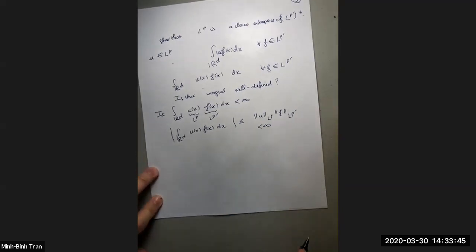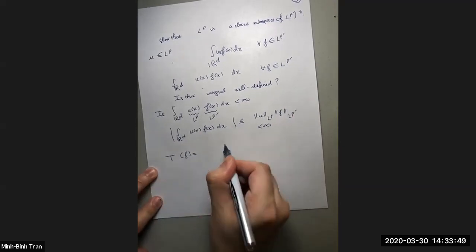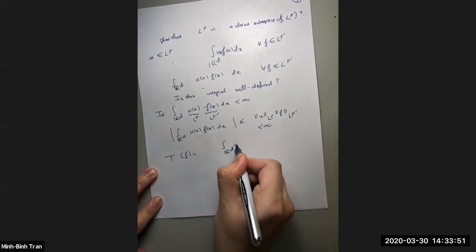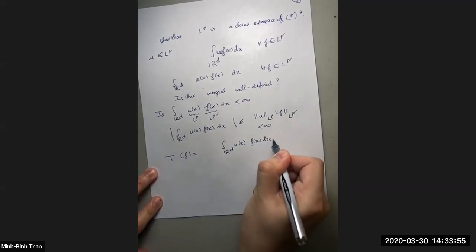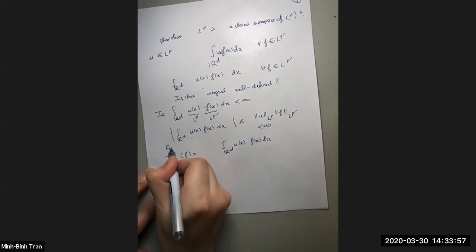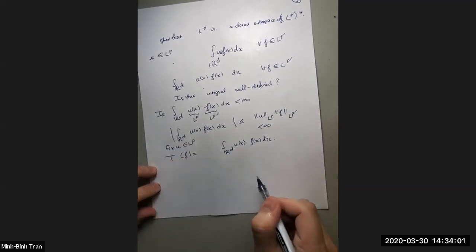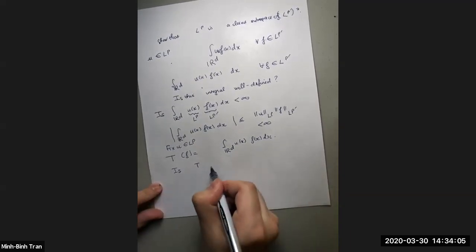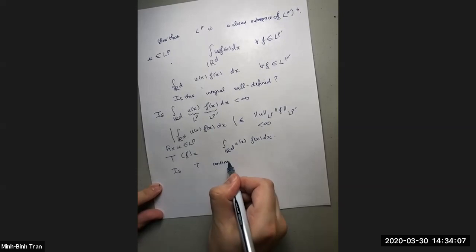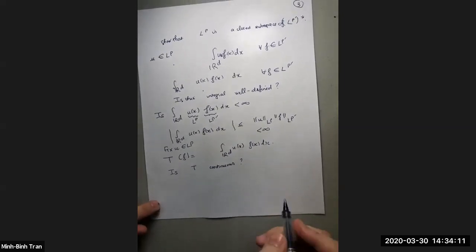All right. So now if I consider the linear map, so fix u in L^p. Now if I define this linear map, is T continuous? So T is linear, right?